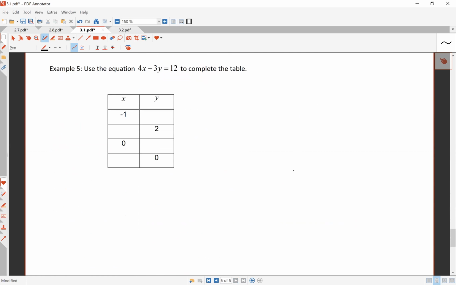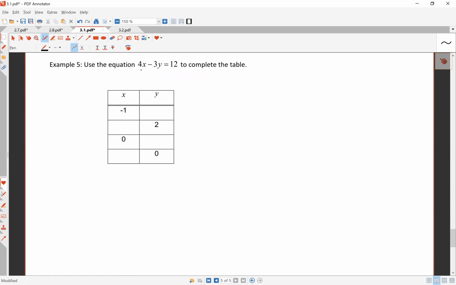The ones that are a little harder to do are when the x and the y are on the same side. The last problem was y equals, and this one is 4x minus 3y equals 12. And so if x is -1, I have 4 times -1 minus 3 times y is 12.